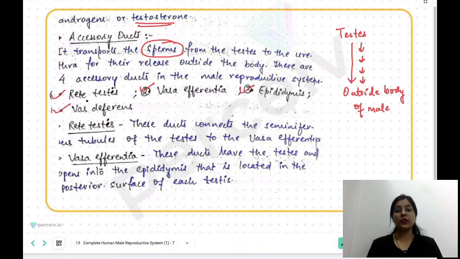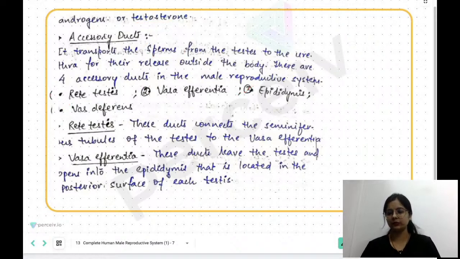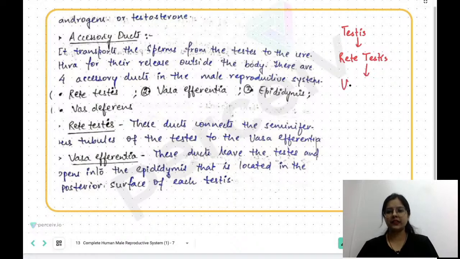vas deferens. और ये पूरा सीक्वेंस में रहता है. टेस्टिस के बाद जो आपका सीक्वेंस आएगा, that means if I write it in a sequence, testis will come first. From the testis, it is rete testis. इसके बाद आपका rete testis आता है. Rete testis के बाद there is vasa efferentia.